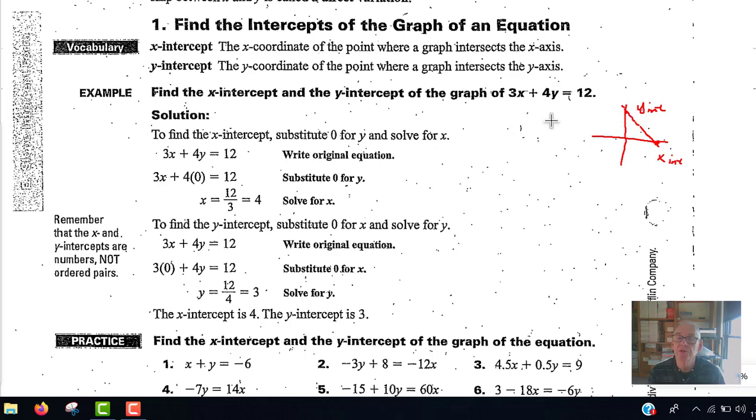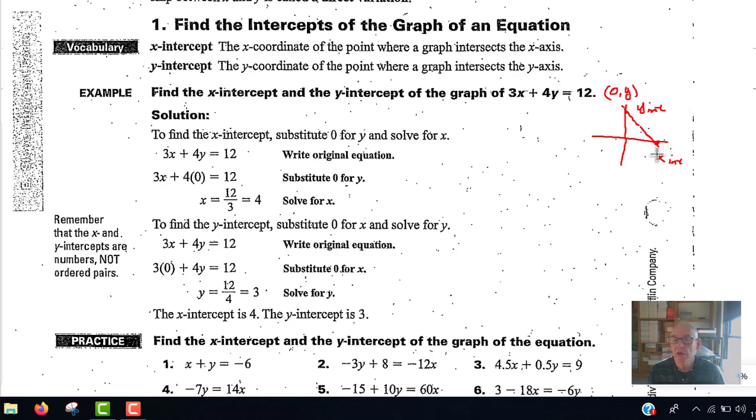So the intercept method is a pretty neat way to graph a line quickly, especially if you have standard form. If you think about the y-intercept, the x-coordinate of the y-intercept is actually 0, and then the y-coordinate is whatever y happens to be.